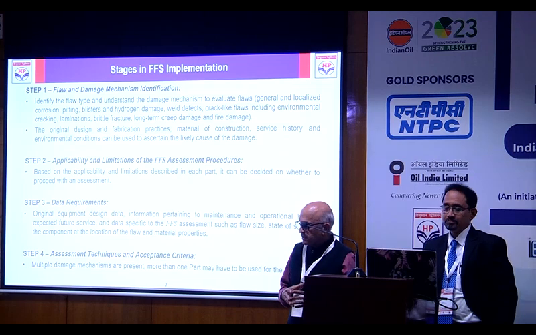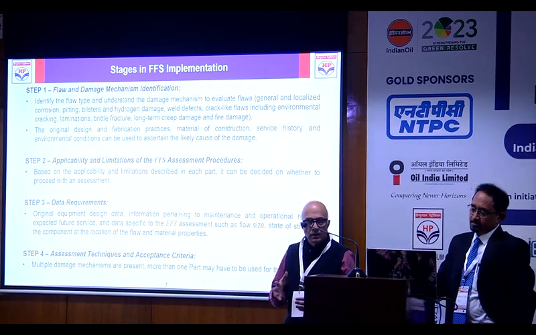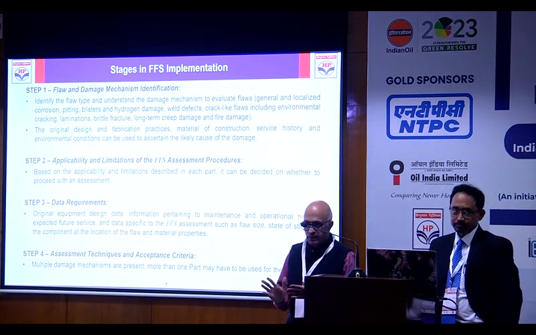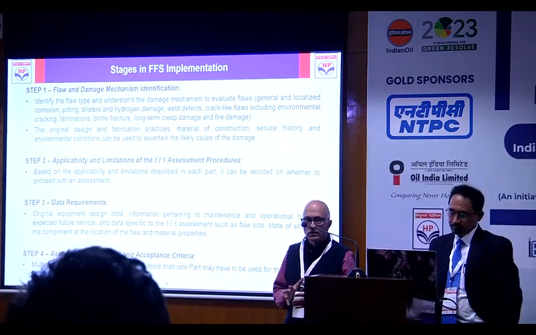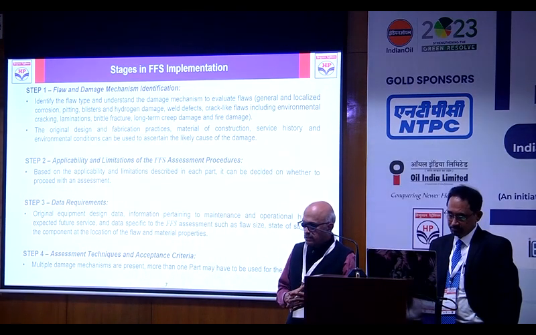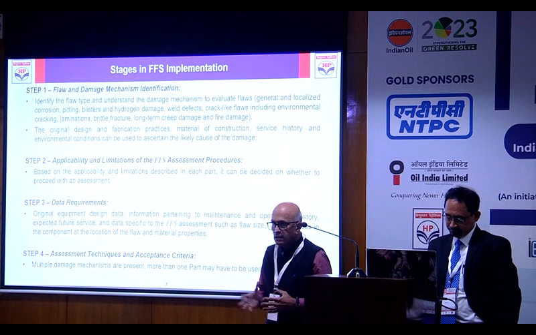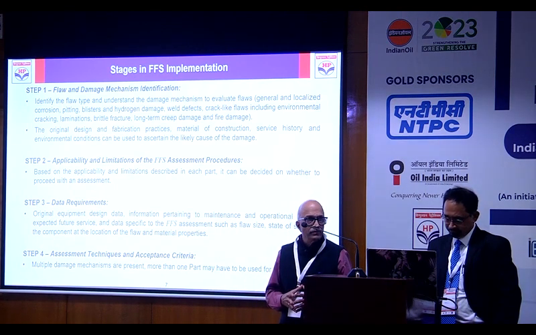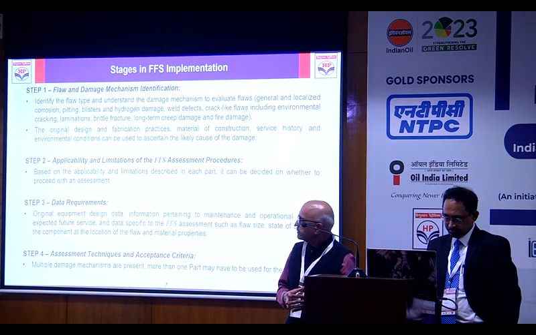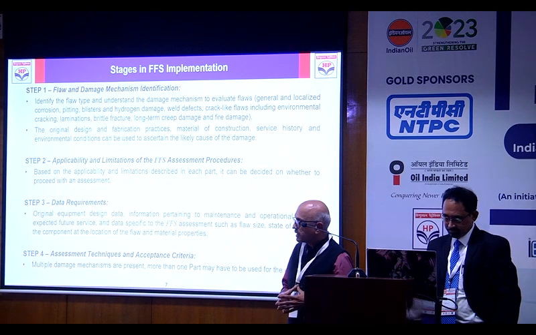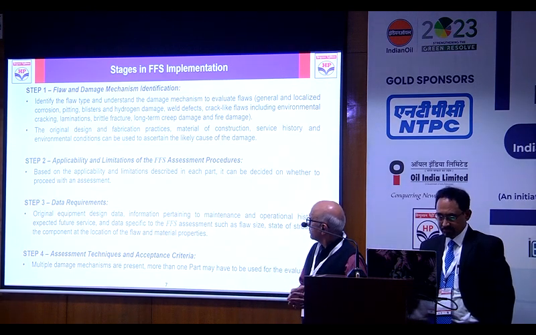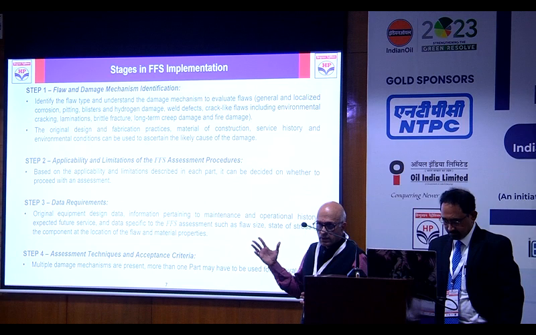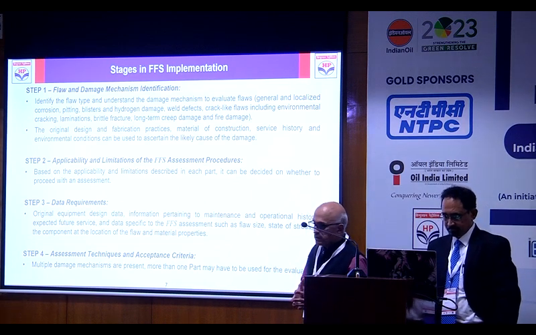These FFS assessments are used for run, repair, replace decisions, depending on the magnitude of the damage that has occurred in the asset. There are 8 steps given in the systematic API 579, starting with flaw and damage mechanism identification, followed by knowing the applicability and limitations. They are also detailed in each part of the code.